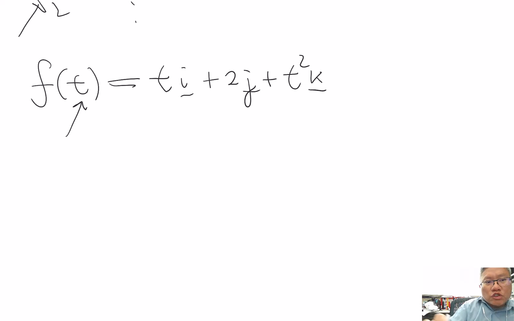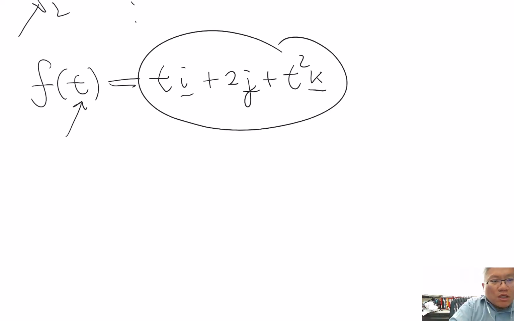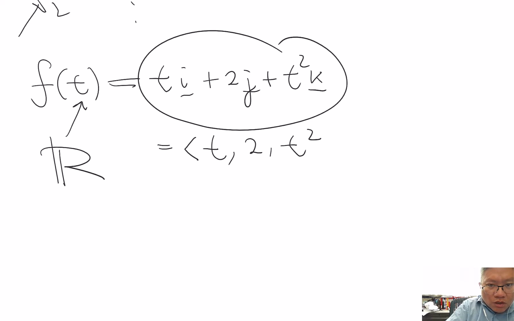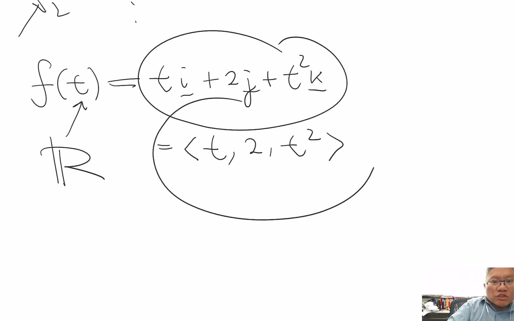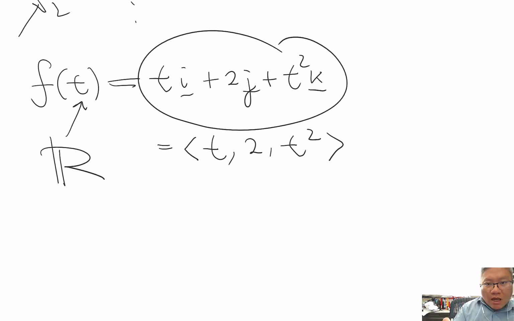So this is going to be a vector. The input is a real number, but the output is a vector. Our shorthand notation for this is t goes to this, so the output is no longer a real number, but something with these three components, with the i, the j, and the k. This is a type of what we call vector valued functions.